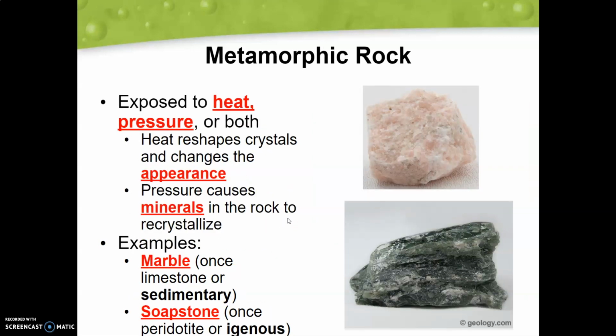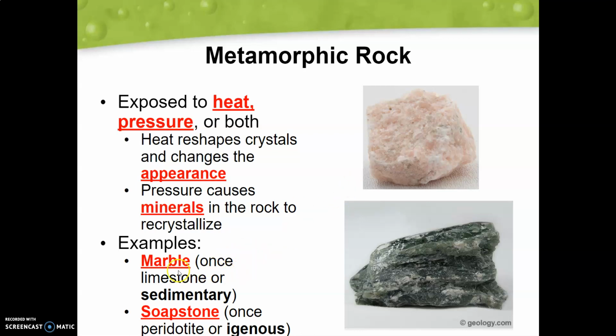And then we also have our third type, metamorphic rock. This is when rock has been exposed to heat, pressure, or both heat and pressure. The heat is reshaping the crystals within the rock and changing its appearance. The pressure is causing minerals in the rock to recrystallize, or come together in a different way. And then we have two different types here.